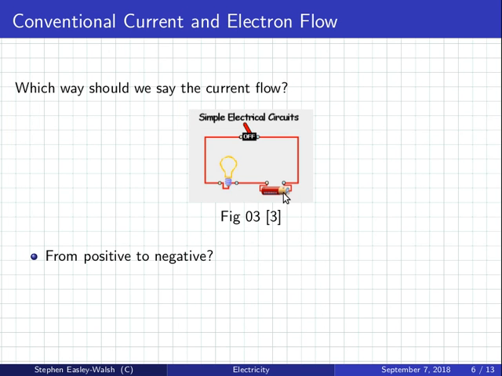This is a battery. This side is called the positive side and this side is called the negative side. So do we say the current goes from positive to negative, or do we say it goes from negative to positive? Who knows this?